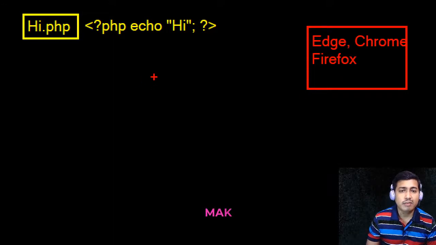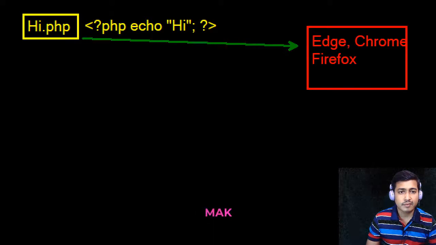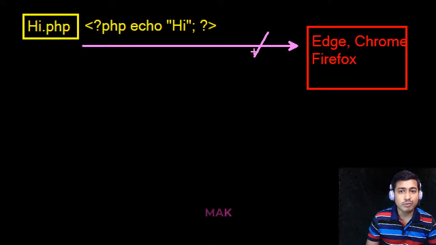If you send a PHP file and want to execute it like a simple HTML file, then the browser will not be able to handle it, because the browser is not familiar with .php files. A PHP file has the extension .php, and the browser is not designed to handle PHP files.